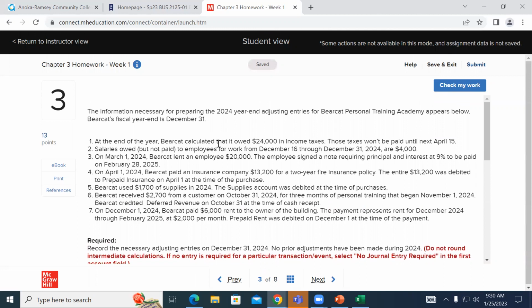What happens when we're aware something is due? It's an expense that happened, but we haven't paid the cash yet.